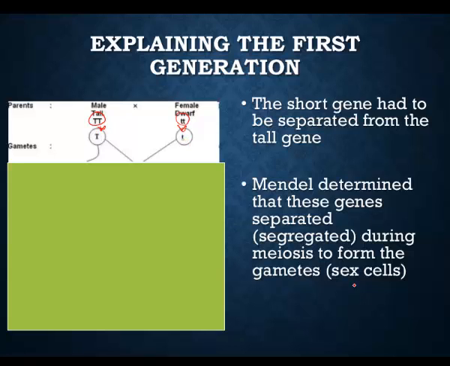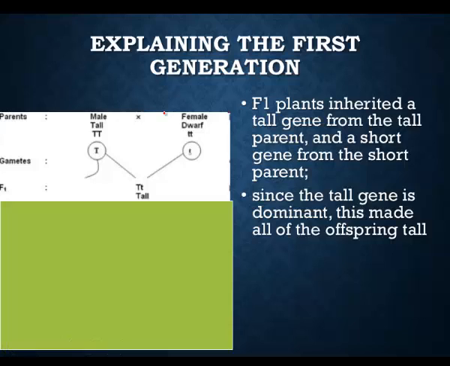So now let's see what happens when they recombine during fertilization. Once they recombine, the gametes, the sperm and the egg, in the F1 generation, we see those 2 copies of the gene, and those are 2 variations of the same gene for height, so we call them alleles. So now the big T represents the tall genes, and the little t represents the short genes.